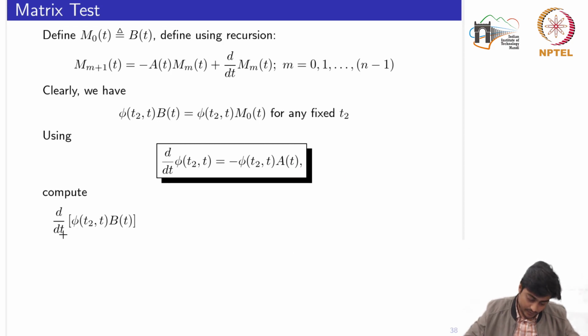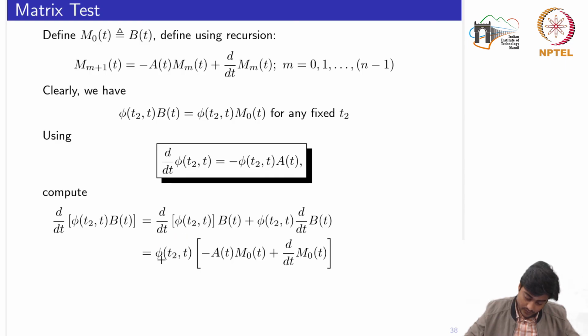Now we compute the derivative of this term, which was given on the left hand side. By using the chain rule, we have the derivative of the first term into B of t, plus the first term into the derivative of the second term. Here, this part I would replace by this one. So it would give me minus phi of t2 comma t into A of t multiplied by B of t, and B of t is nothing but my M naught.